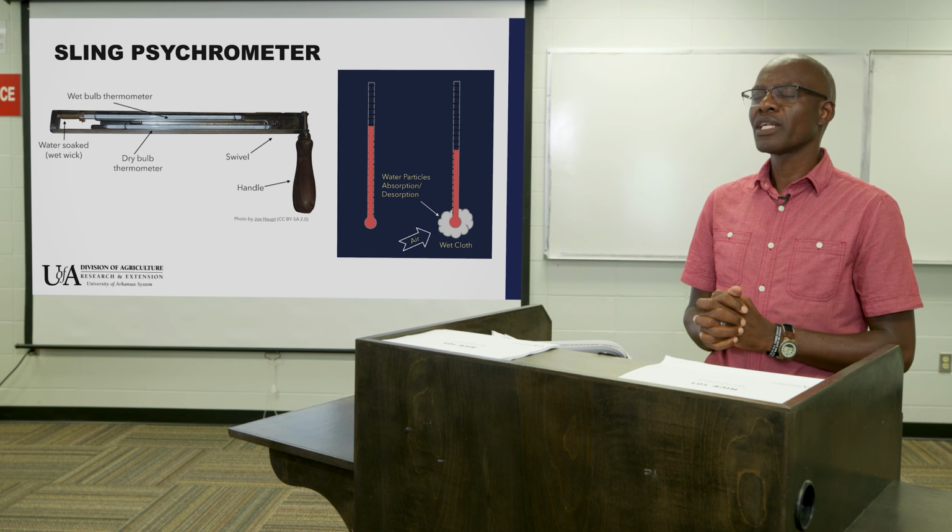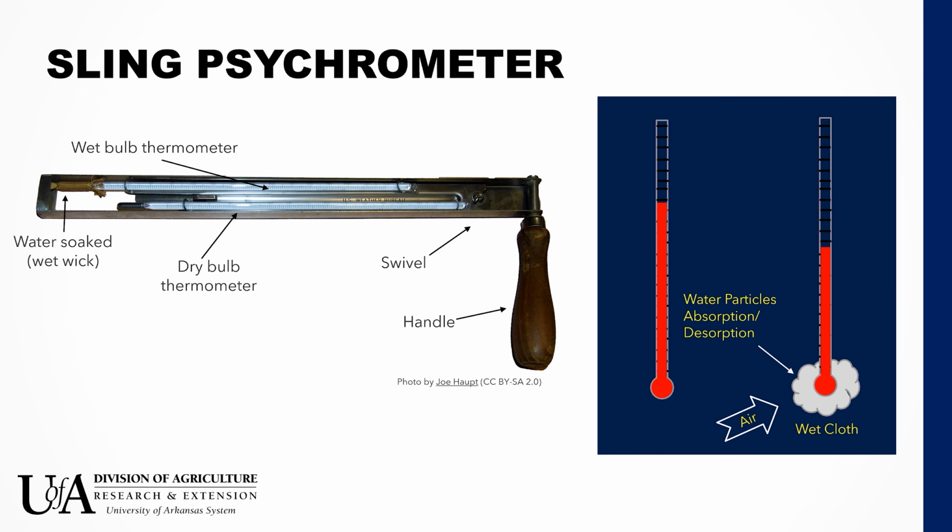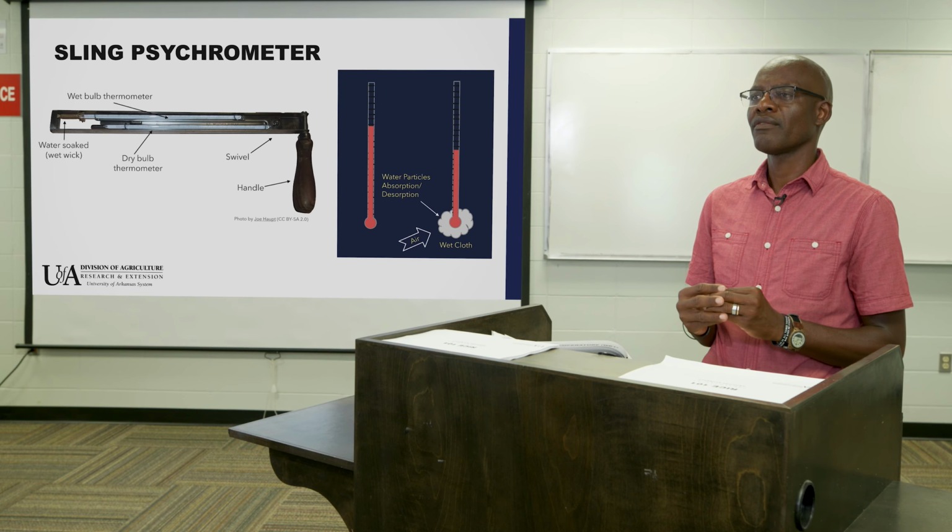This slide shows an instrument that we can use to determine wet bulb temperature and dry bulb temperature, and in combination eventually determine the relative humidity of air. You can see two thermometers there. The thermometer on the top has a wet cloth wrapped around its end, and the other thermometer does not have a wet cloth.